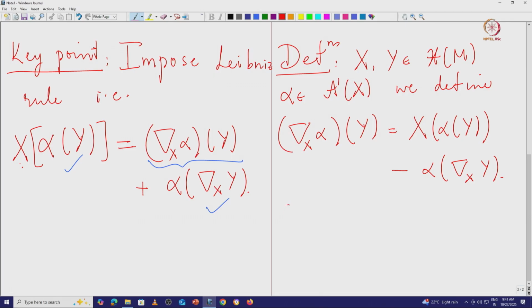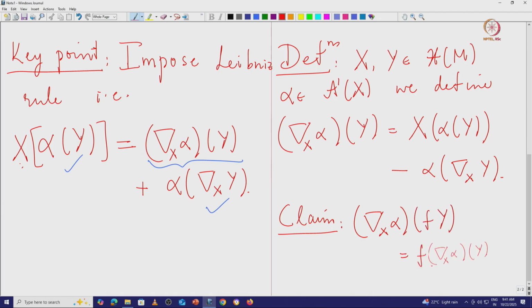Okay, so my claim is that this is C infinity linear in Y. If you compute this, you will end up with this. This is a nice exercise, I'll leave it to you to check.